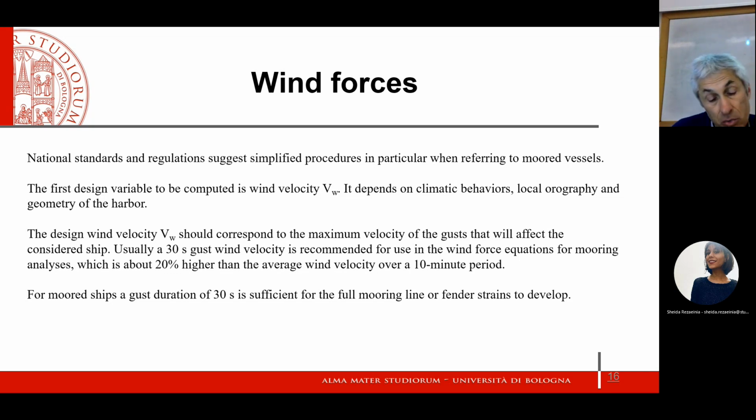For this reason, we very often need to introduce gust coefficients to compute the max wind.